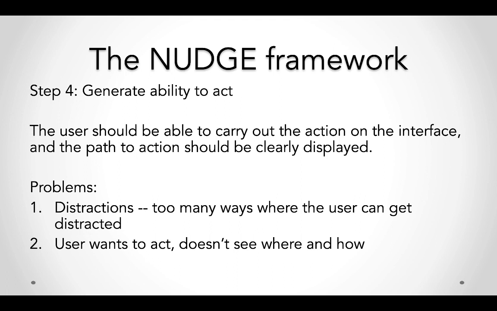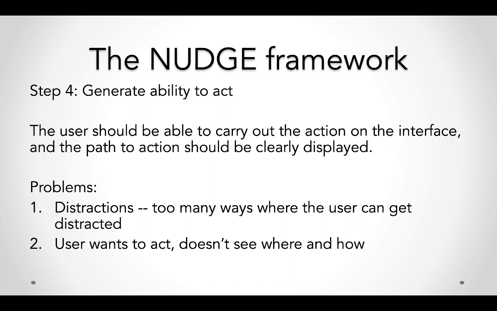Step 4: if you made it so far, if the costs are less than the benefits, obviously you're more convinced that you're in the right place, the place being an online interface, and now you want to act. You want to purchase, you want to buy the product, right? So you're looking for how to do it, and can you do it?